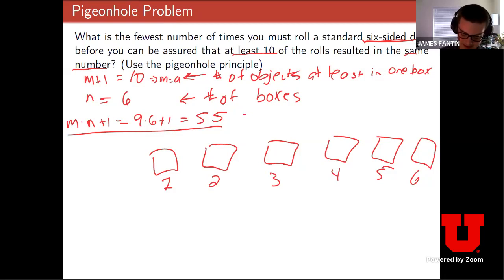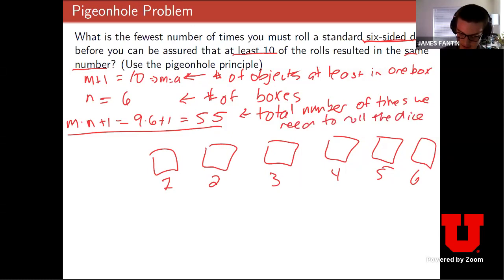Yeah, so this is the total number of times we need to roll the dice, or the total number of objects that we can put into these boxes, such that we're guaranteed at least one of the boxes has 10 elements in it.